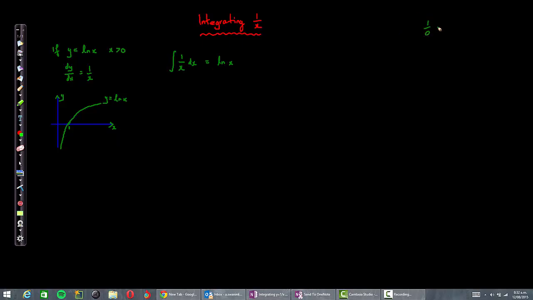That's a pretty basic maths result that you should all know. So what's the point I'm trying to make here? Well, while this can be calculated for nearly all x values, this is only defined for positive values of x.